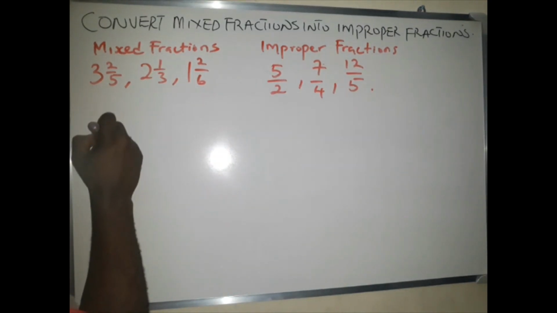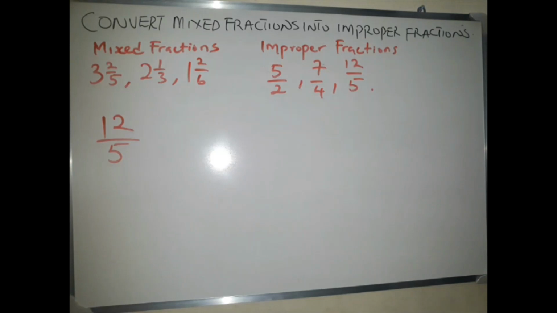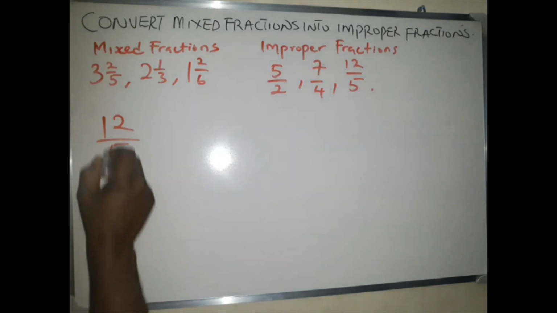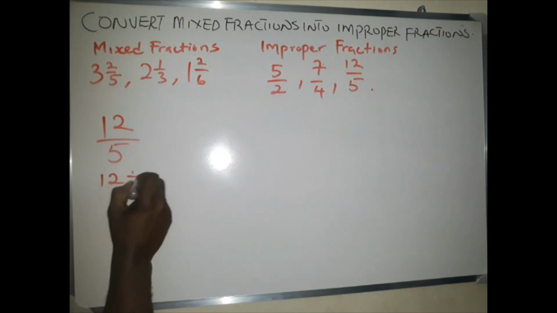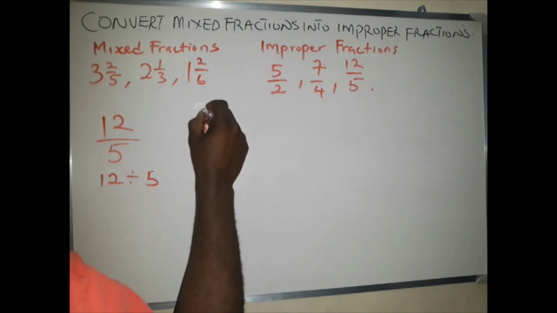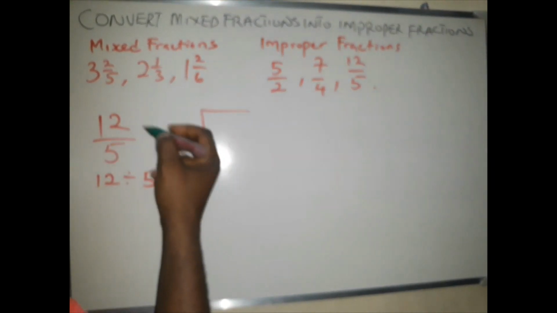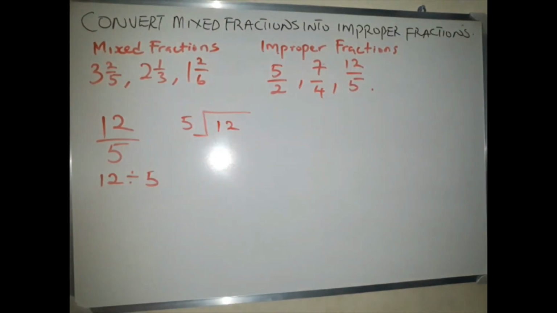12 over 5. Converting 12 over 5 to a mixed fraction. Now, you simply say 12 divided by 5, or you can use long division. You can write your 12 and your 5 here.